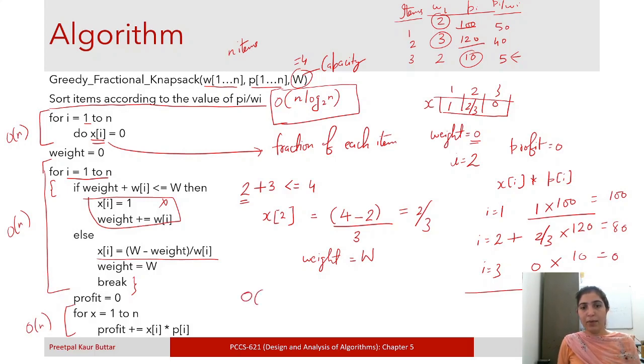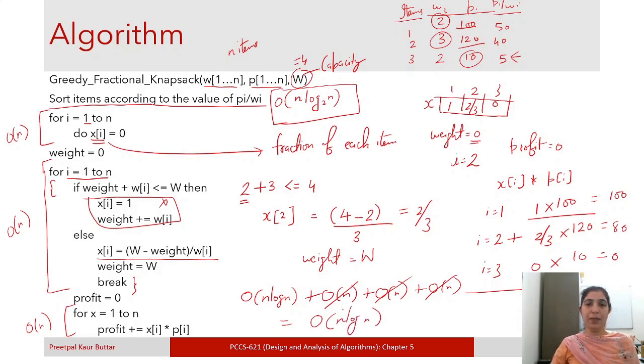So the total time will be order of n log n plus order of n plus order of n plus order of n. In asymptotic complexity we can ignore the lower time complexities and keep only the highest, so it will take order of n log n time.